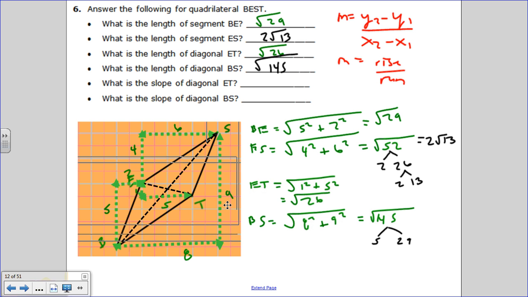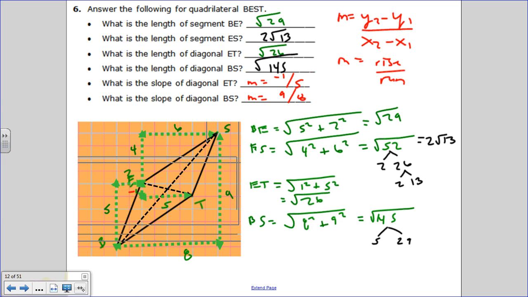So for ET, it fell down once, so that's a negative 1 down, and it ran 5. So the slope is negative 1 over 5. To go from B to S, it rose 9 and it ran 8. So the slope is 9 over 8.